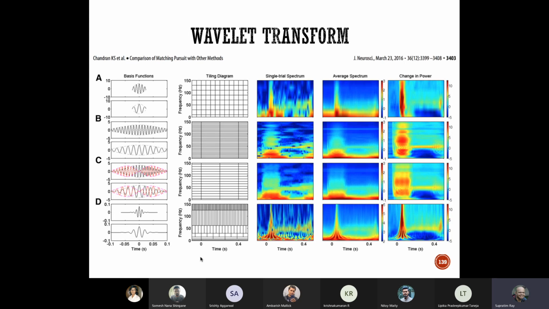We will talk about Hilbert transform from the next class. Just read this paper. It's a very intuitive and easy way of thinking about these different methods. Okay, and we will move away from filter banks and think about it in a different way when we start Hilbert transform from the next class.